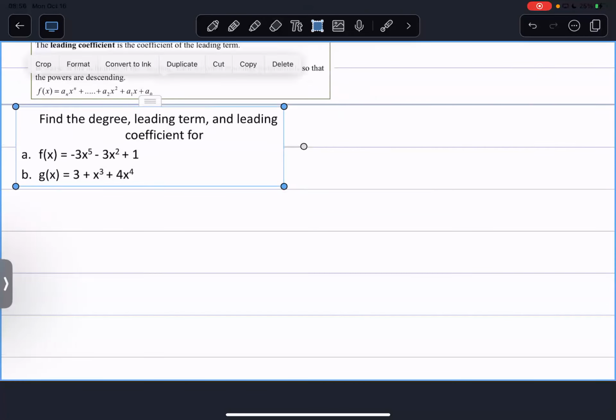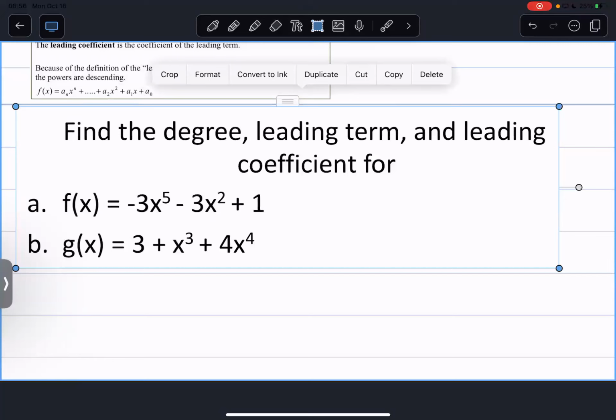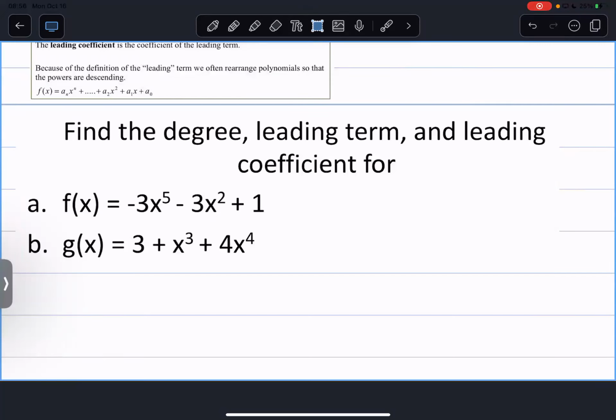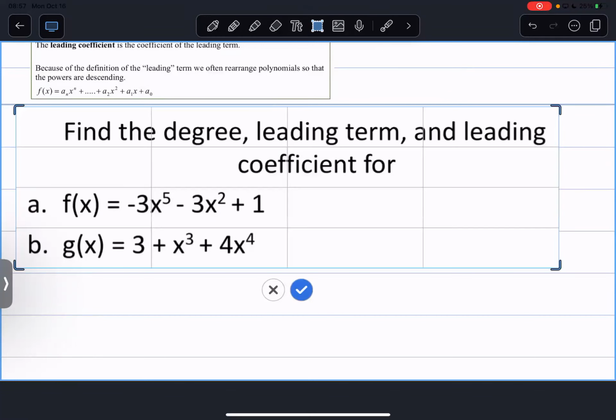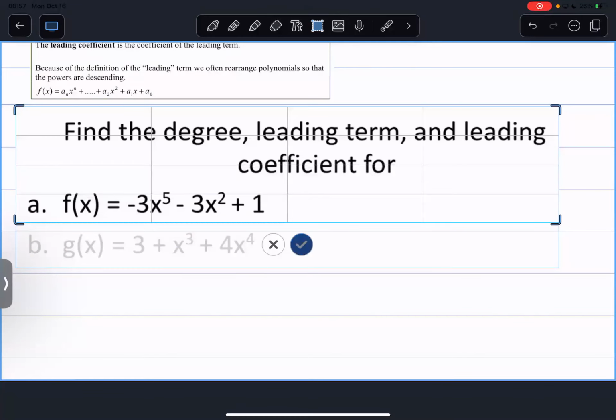Let's do an example. Find the degree, the leading term, and the leading coefficient for each of these functions. I'll split them up and do them one at a time.